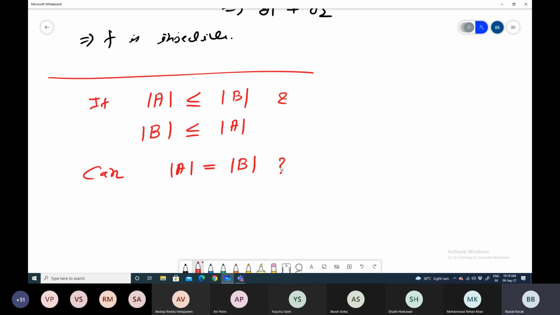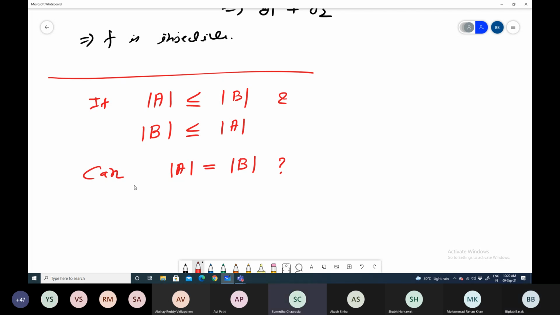Do you feel it is trivial? Here the sets can be infinite, and you cannot say anything for an infinite set. Obviously, if A and B are finite, then this is true, and this is very easy. And what if A and B are infinite?